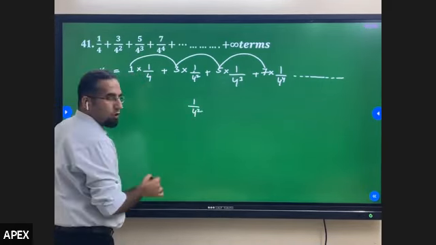K minus k by 4 will give me 3k by 4, which is equal to 1 by 4 plus 3 by 4 square minus 1 by 4 square, which gives 2 times 1 by 4 square, plus 1 by 4 cube plus 1 by 4 to the power 4, and so on. It's an infinite series.